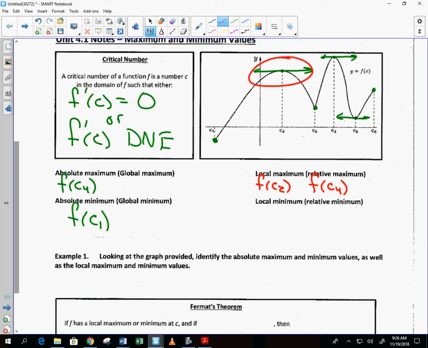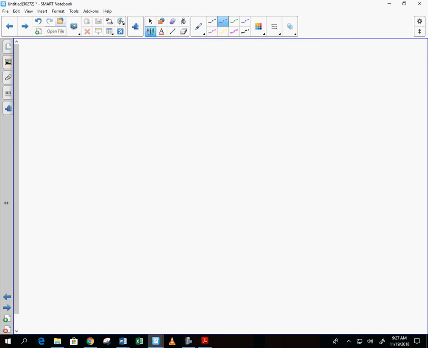If you look at the value and if it's bigger or smaller than everything immediately around it, okay? Now, some people don't like that statement, immediately around it, like how close does it have to be? Well, there's a lot of different graphs that you could examine. So, for example, if I draw this graph, it's got a lot of local maximums and minimums, right?